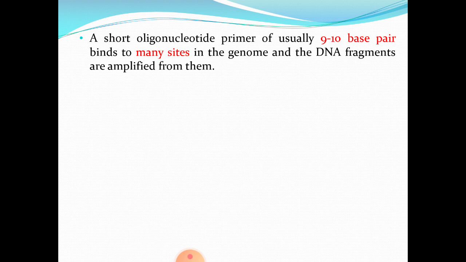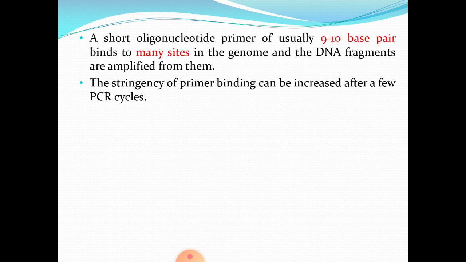So a short oligonucleotide primer of usually 9 to 10 bases binds to many sites in the genome, and DNA fragments are amplified from them. Then the stringency of primer binding can be increased after a few PCR cycles, but initially in RAPD you have to keep stringency a little lower, and that is done by keeping a higher concentration of magnesium ions.